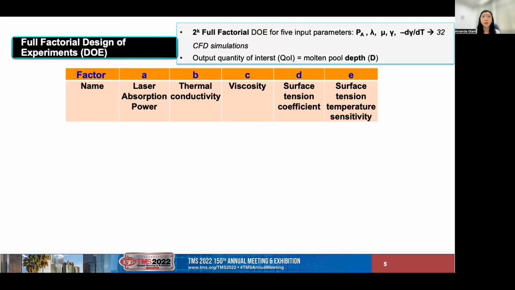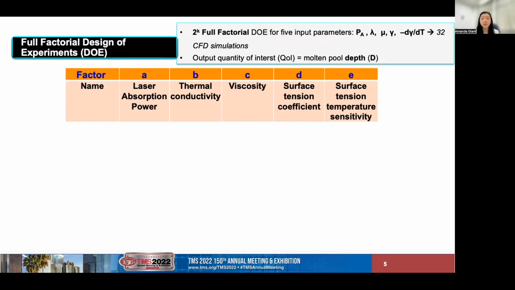And we have chosen to do a 2^K full factorial for these 5 material parameters, because the full factorial not only allows us to study main effects but also potential interaction effects that could have significant impacts on our response, which is chosen as the melt pool depth.